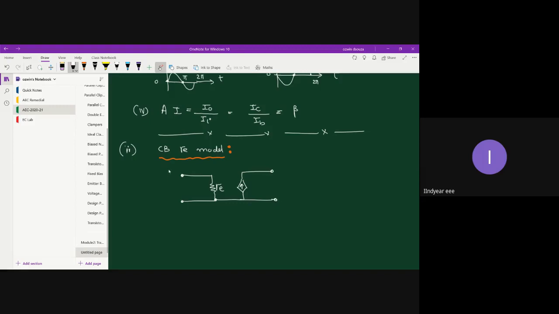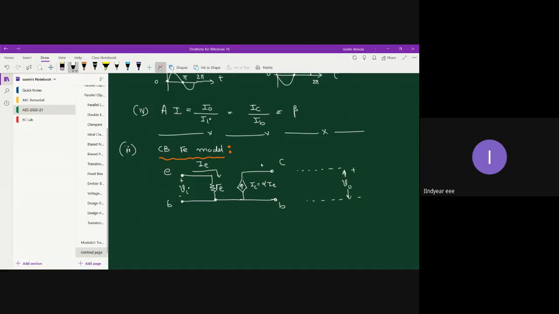This is your emitter terminal, base, and collector. So IC is equal to alpha times IE, and this is how you had defined the direction of IE. And this is your input voltage, plus minus. Somewhere across the output node you will be observing the output voltage.